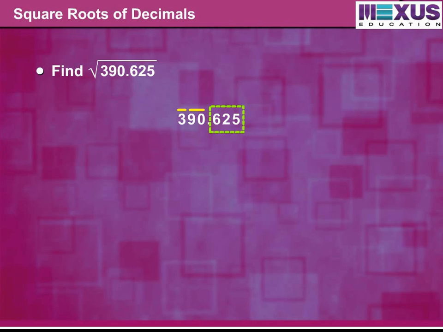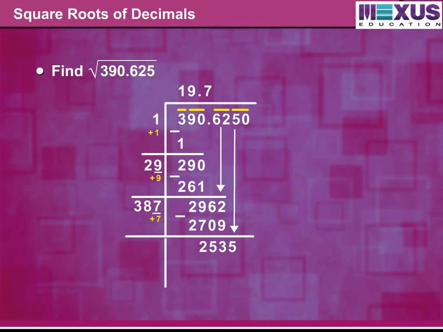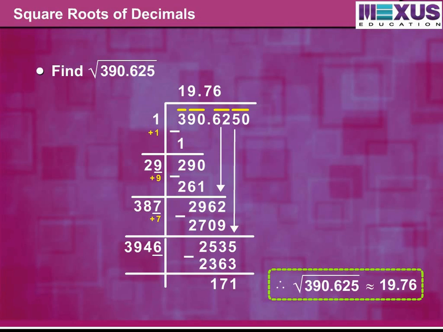While for 625, we start from the decimal and move towards the right. That is, the first bar is over 62 and the second bar we put on 0 after 5, making it .6250. Then follow the same method to find its square root, placing the decimal point while bringing the decimal part down.